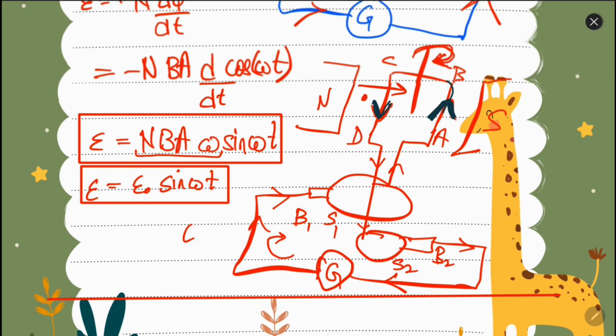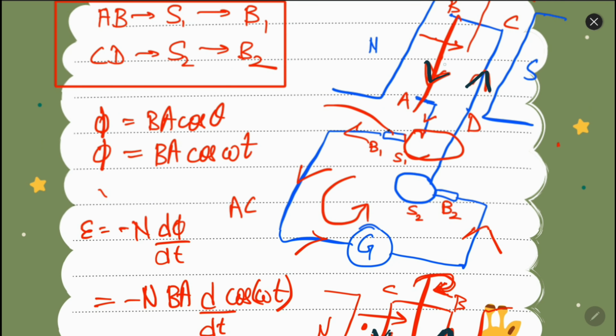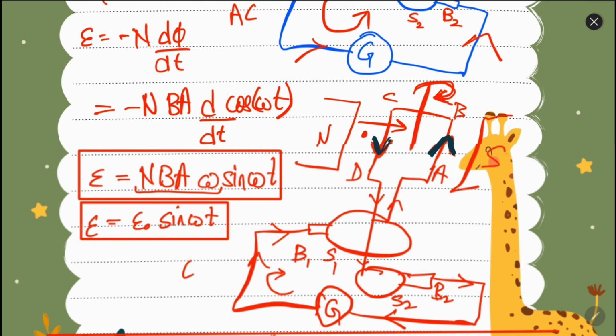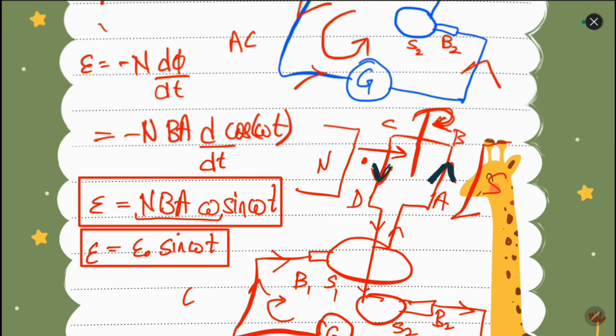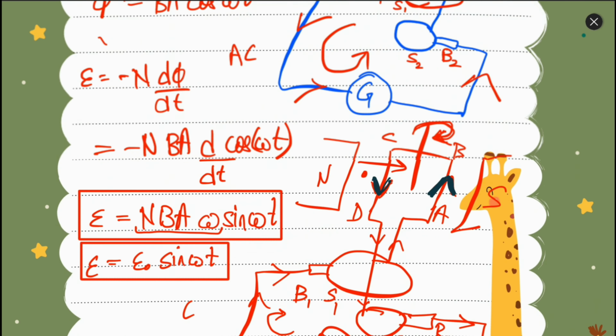Look closely, like this. So here it is clockwise and here it is anti-clockwise. This is why it is called an alternating generator, AC generator, because alternating current, or current that is changing its direction, is produced.